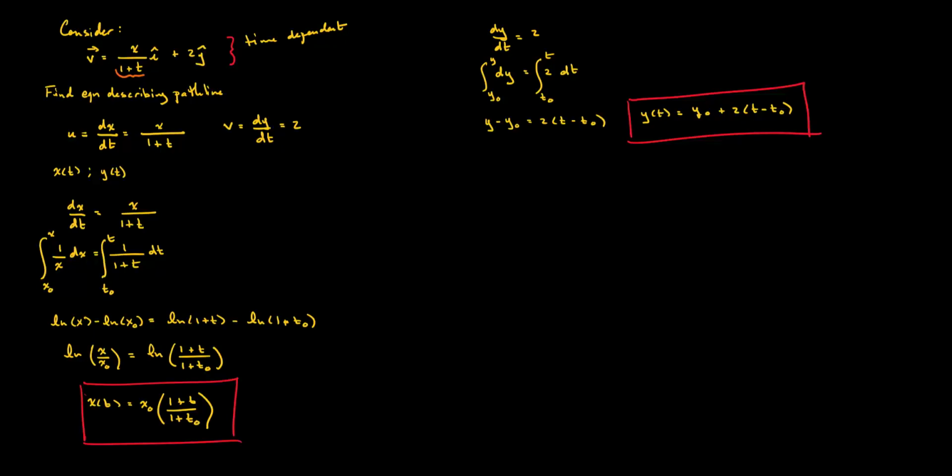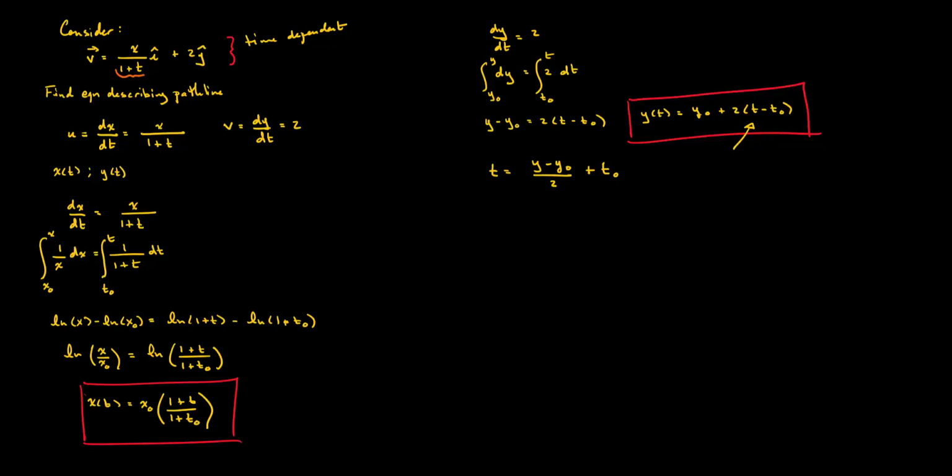We can make these expressions more geometrically useful by eliminating t from both parametric expressions. So let's isolate t in our expression for y of t. We find that t is equal to y minus y naught over 2 plus t naught. So we can express t as a function of y.